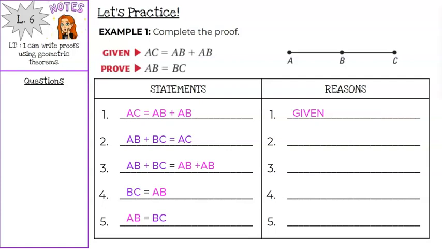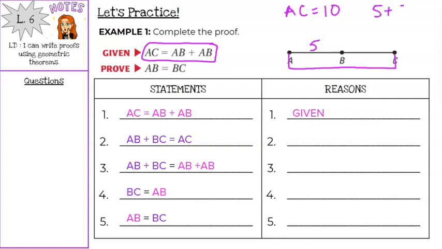So the first thing I'm going to make sense of is this: AC equals AB plus AB. So AC is that whole stretch. If that whole stretch was, let's just say, 10, so AC equals 10, then AB would have to be 5 because 5 plus 5 equals 10. So then I want to prove that AB equals BC.